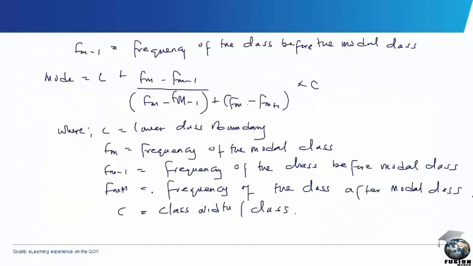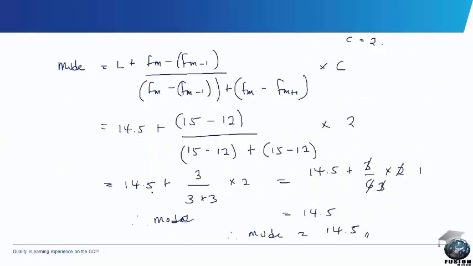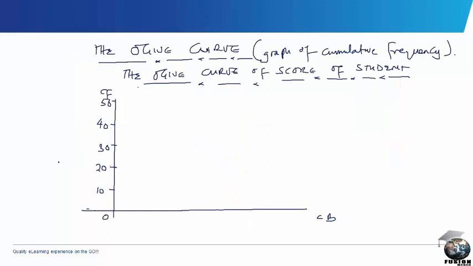I have my class boundaries starting from this point as 8.5, and the next value here I have 10.5, then 12.5, 14.5, 16.5, 18.5, and then 20.5.